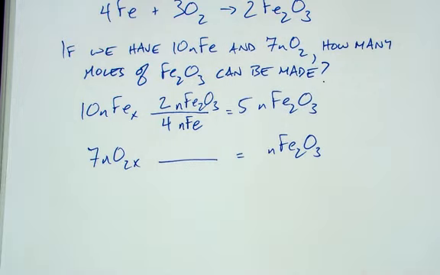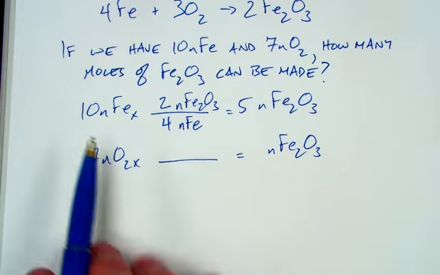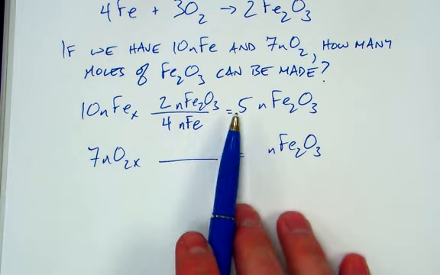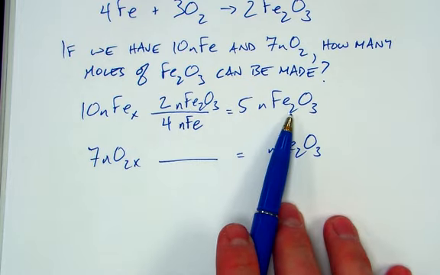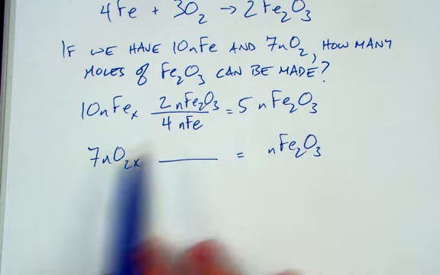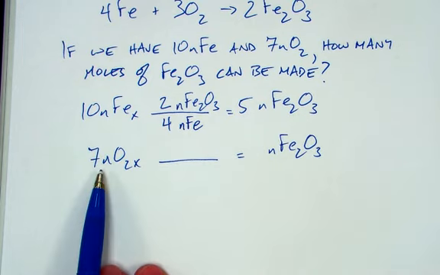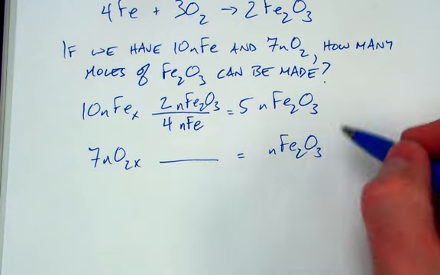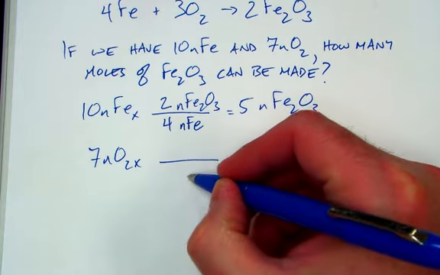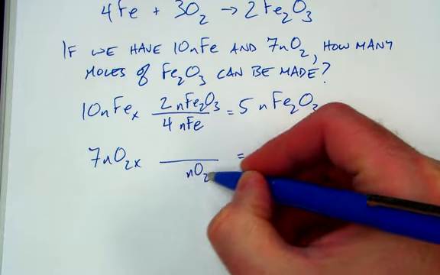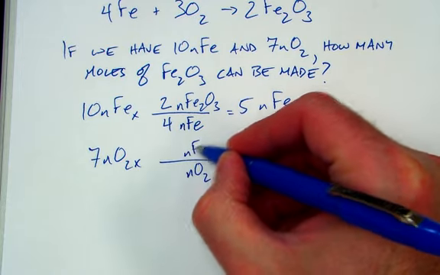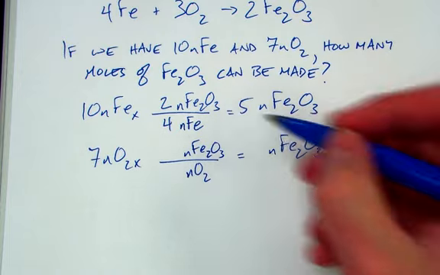So what this calculation has told us is that if we have 10 moles of Fe, we can make 5 moles of our product. Now we're going to figure out if we have 7 moles of O2, how many moles of product can we make? We'll solve it the same way with moles of O2 on the bottom and moles of Fe2O3 on top.